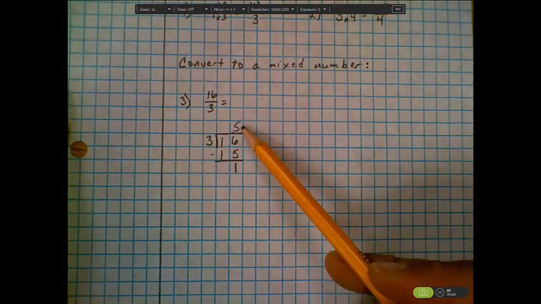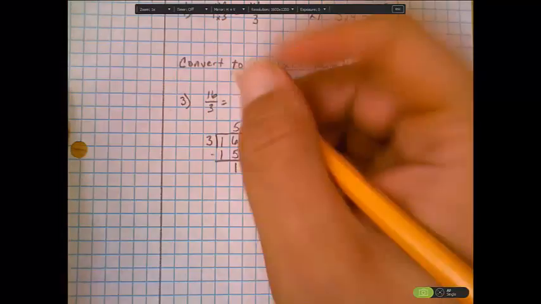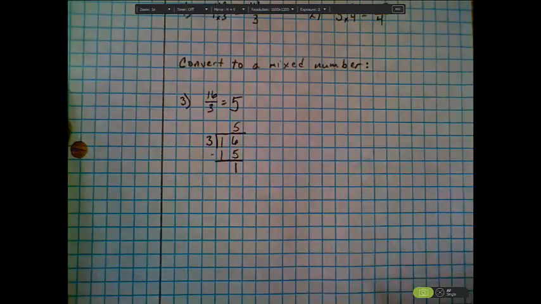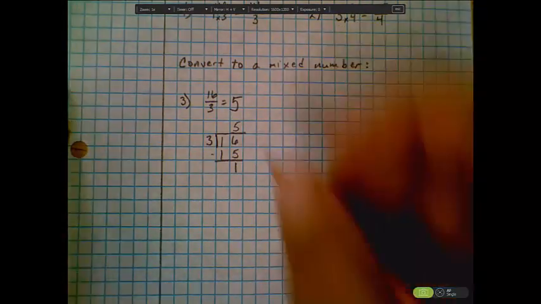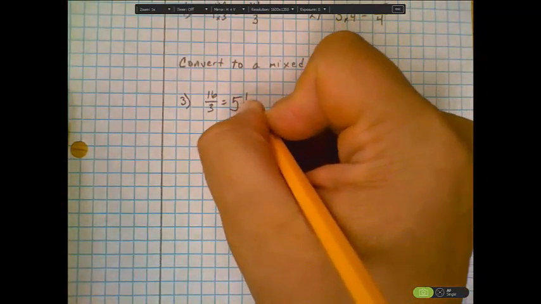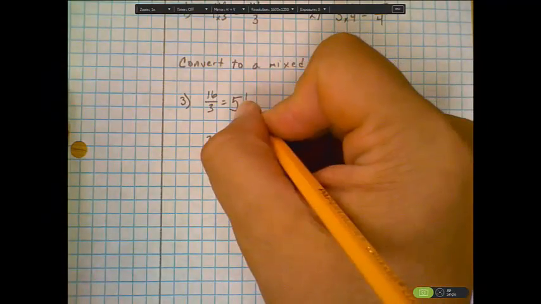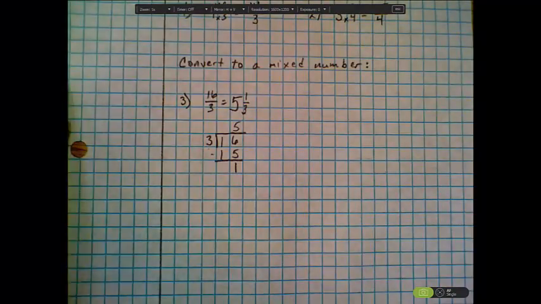So now we're ready to write our answer. The 5 up here on top of the house is the whole number part of our answer. The 1 is our remainder, so that's going to become our numerator in the fraction part of our answer. And the divisor is the 3, that's going to become the denominator. So 16 thirds has the same value as 5 1/3.